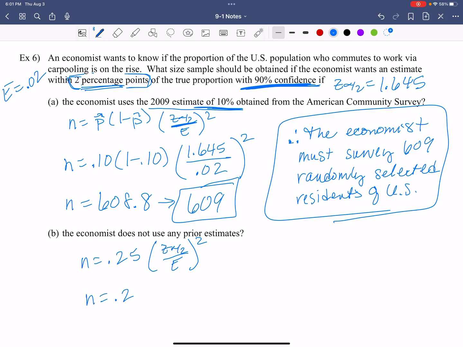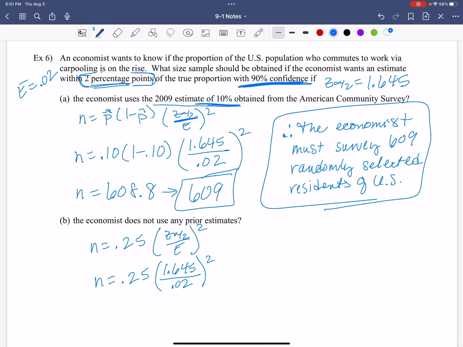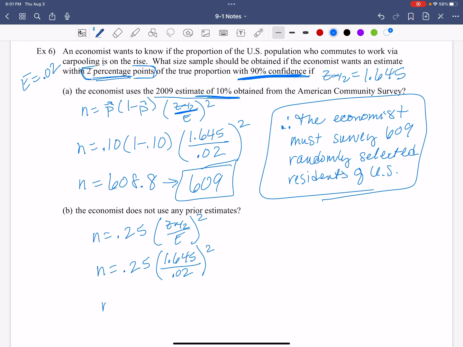So n is 0.25, and I'm still at 90% confidence, so 1.645 over 0.02. My margin of error is the same. And then what do you get when you plug that in? 1,691.2, which means we're actually using 1,692, because you always round up no matter what.